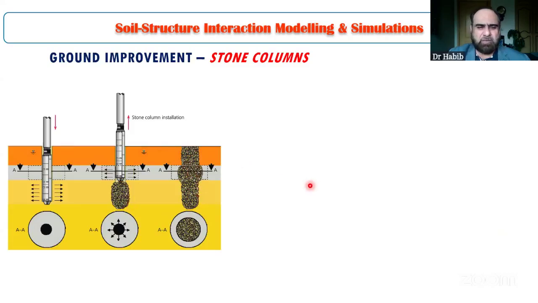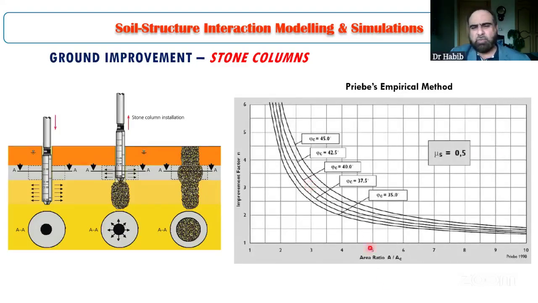Okay, I'll just start with this idea, and then I'm coming back to the empirical method that is being used for the design of stone columns. Priebe's empirical method is the most commonly used method. Here we have, for example, area ratio, and based on this area ratio, we get an improvement factor that is used for the design of stone columns for any ground improvement project.